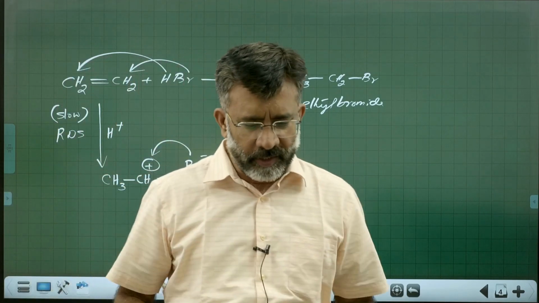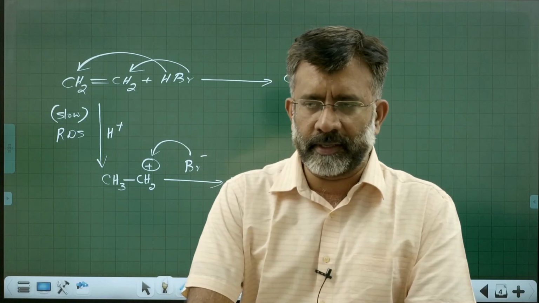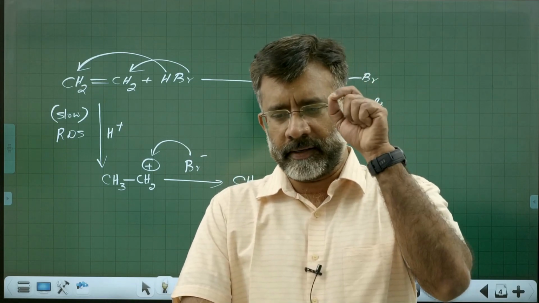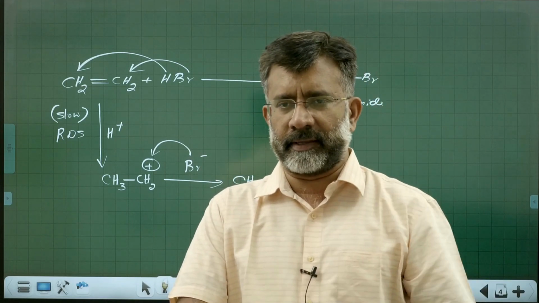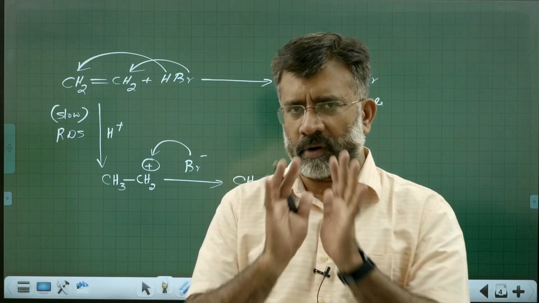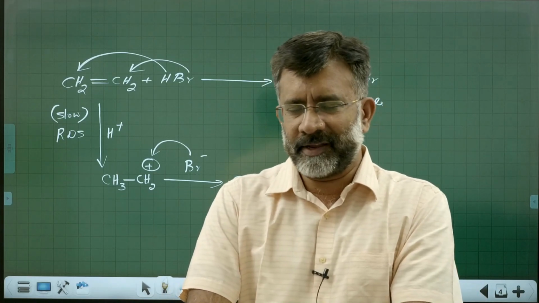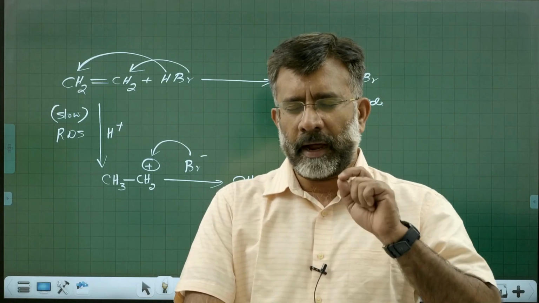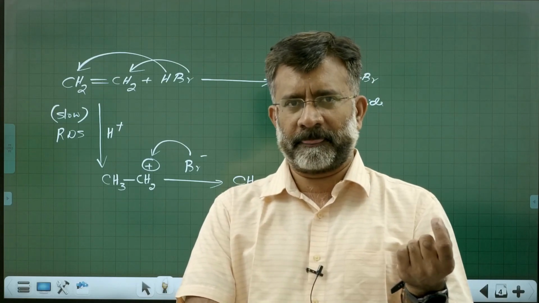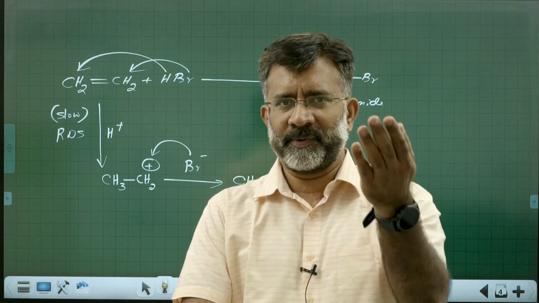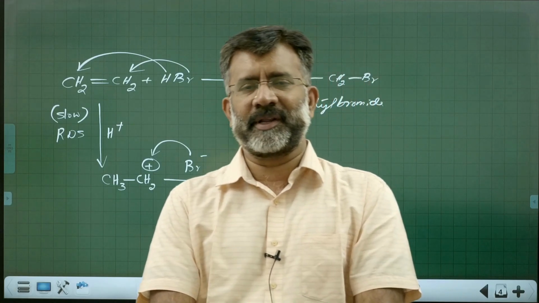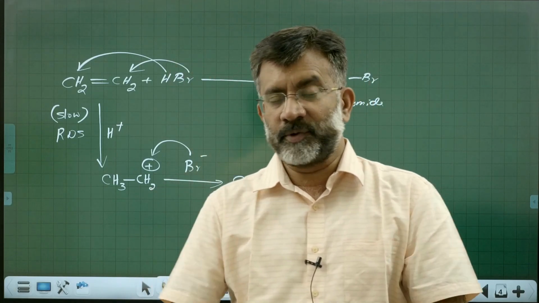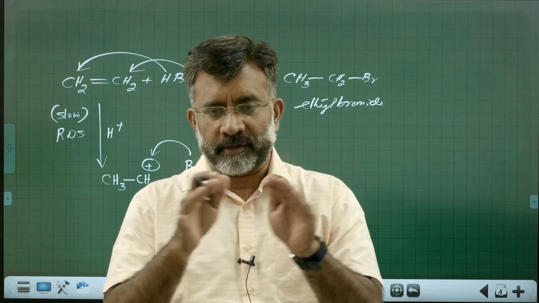Here is actually what I was about to tell you earlier. When you add HBr to a symmetric alkene, there is nothing to talk about. Only one product is obtained. While when you add HBr to an unsymmetric alkene, hope you remember the story involved, you get multiple products, you get two products.